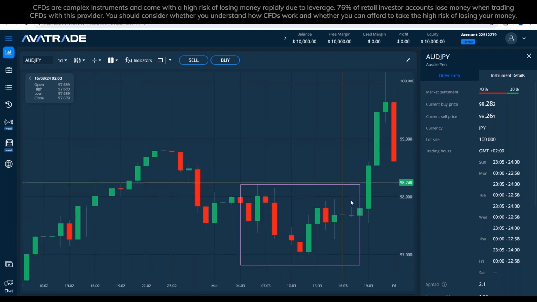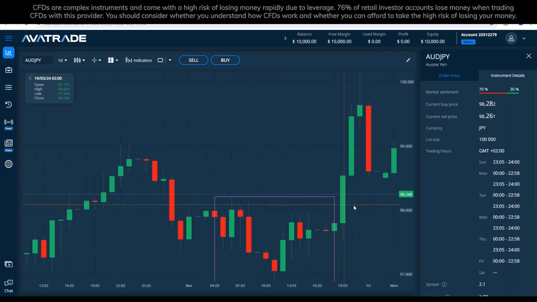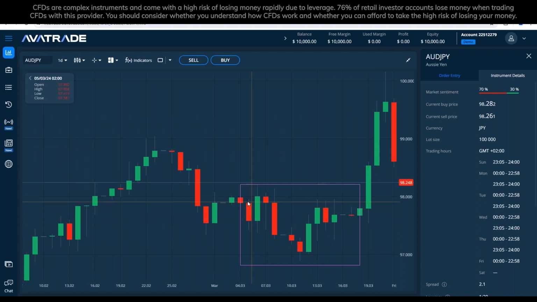Okay, as you can see, this is exactly what we said. It went down, right? It went up, and it closed, but it didn't close as high as it got. So it started going down, up, and down, which gives the shape.